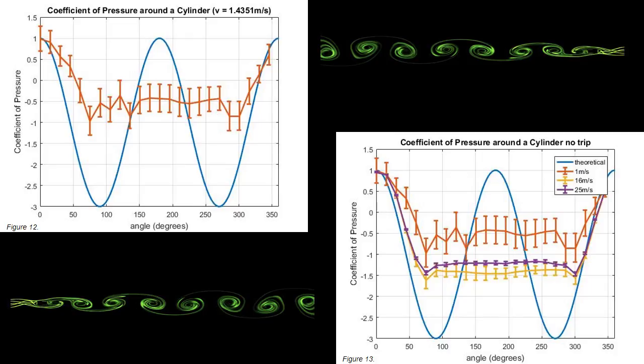The laminar approximation at the lower Reynolds number appears to separate much sooner than the two transitional cases. However, the two transitional cases appear to separate before the 140 degrees expected for turbulent flow. The two transitional cases have very similar pressure coefficient profiles due to their similar Reynolds numbers.